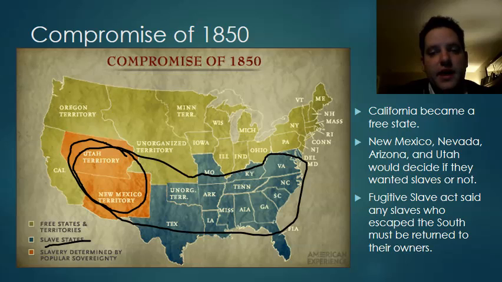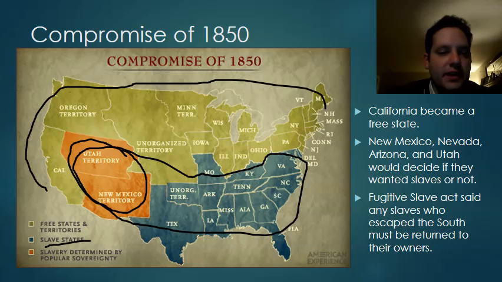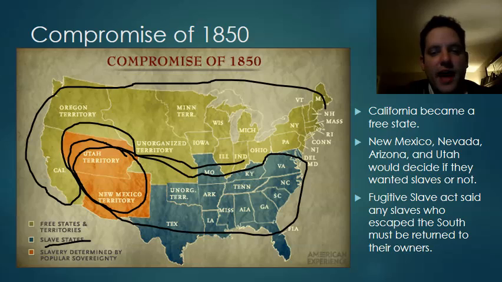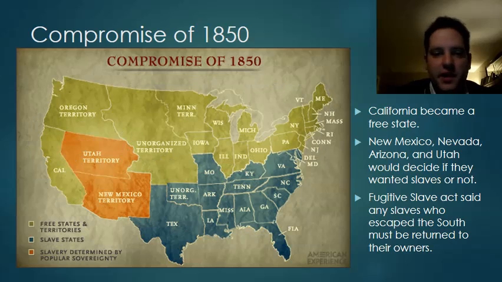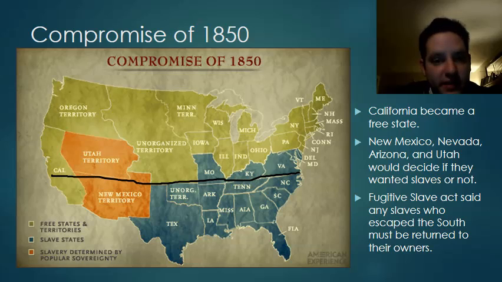Slavery is legal. So this was the Compromise of 1850. Remember, the Missouri Compromise had that line that still existed. So you can go to the next slide now.